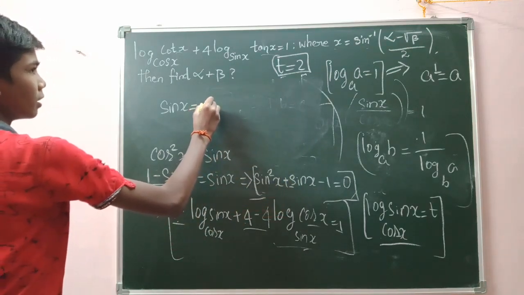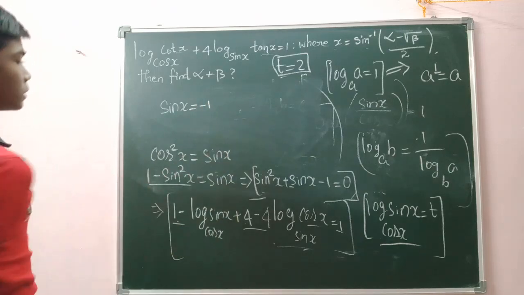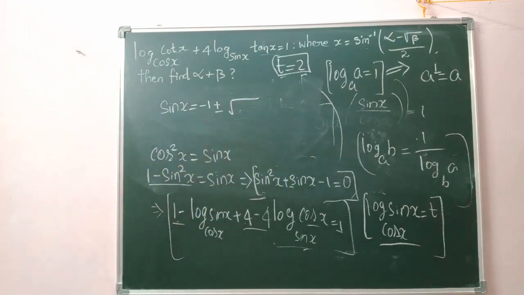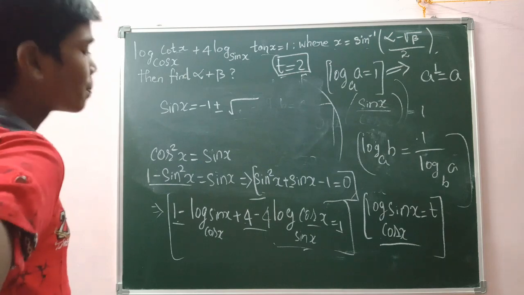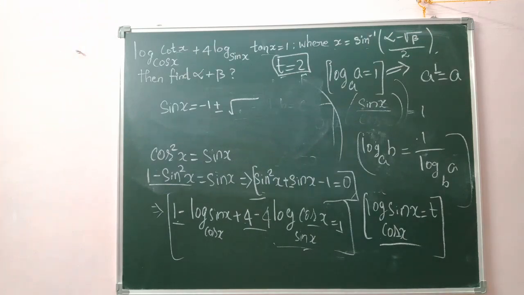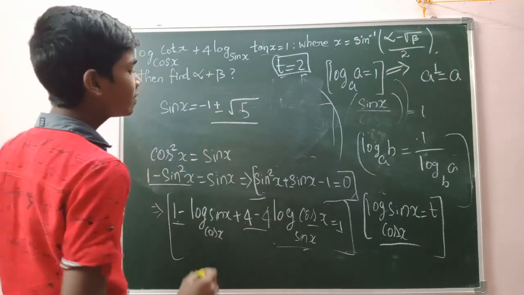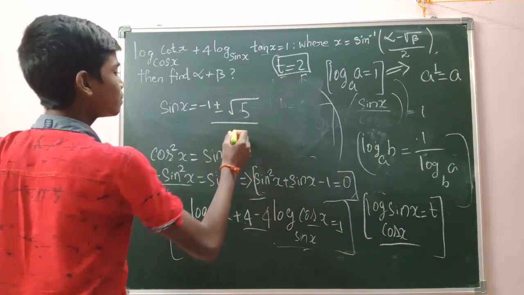Minus 1, plus or minus root of b square minus 4ac. Correct now? So b square will be 1 square minus 4 times 1 times minus 1, so you will get 5. So 1 plus 4, that is 5. Then divided by 2a. 2a will be 2 times 1, that is 2.